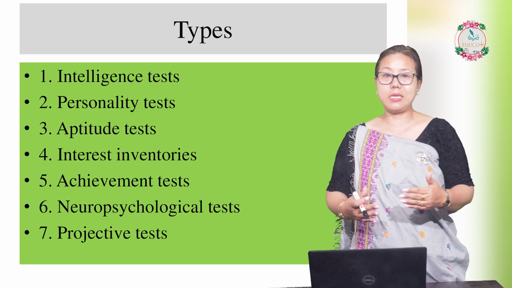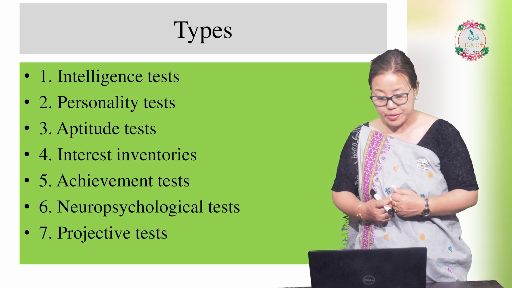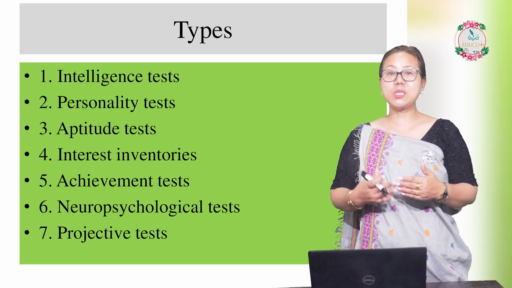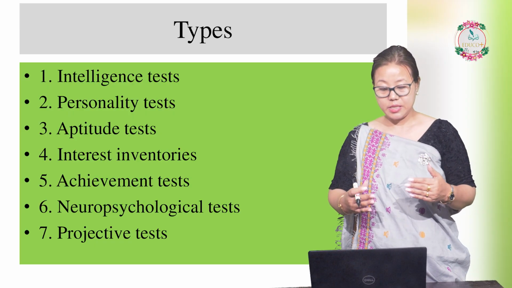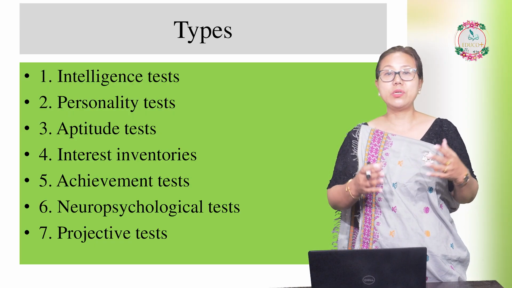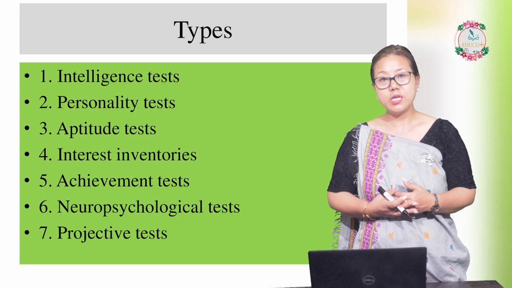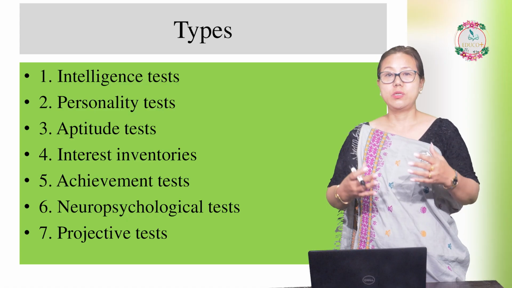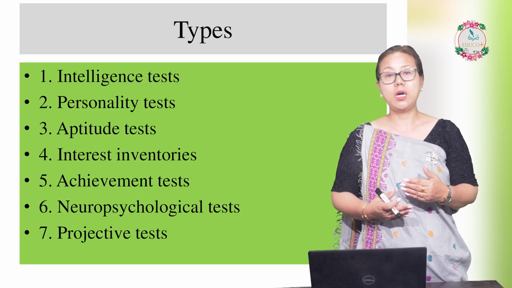A personality test assesses patterns of thoughts, feelings, and behaviors. An aptitude test evaluates specific talents or potential for certain skills. Interest inventories reveal individual preferences and motivational sources. Achievement tests judge the knowledge and proficiency in a particular area.